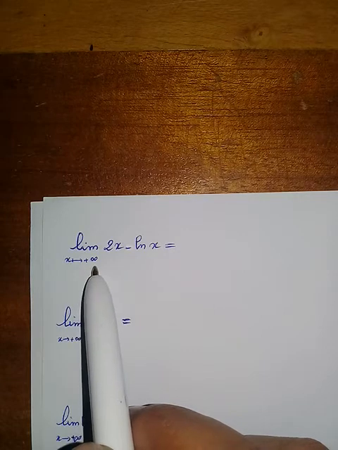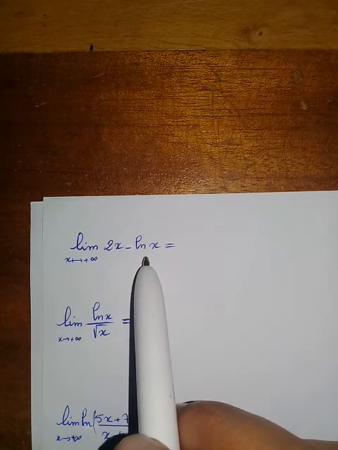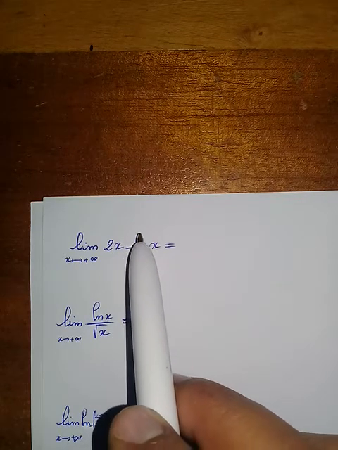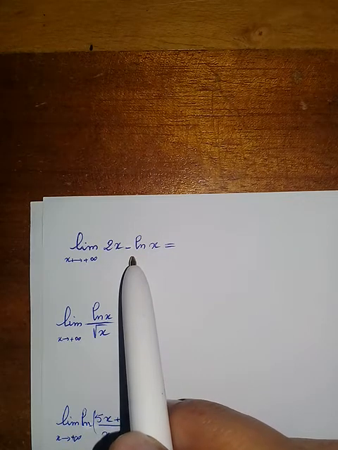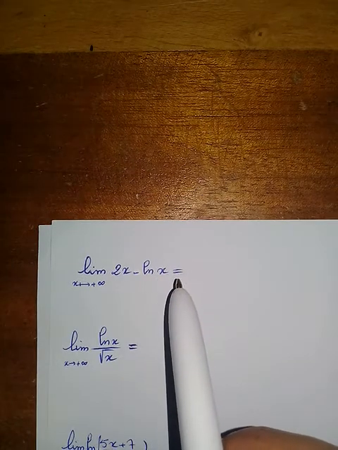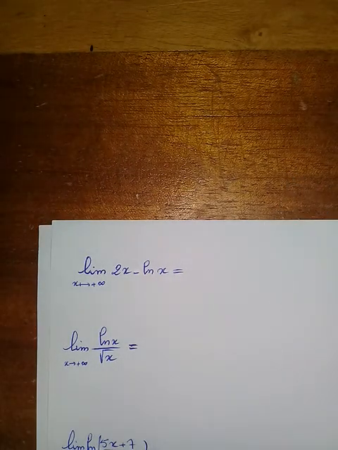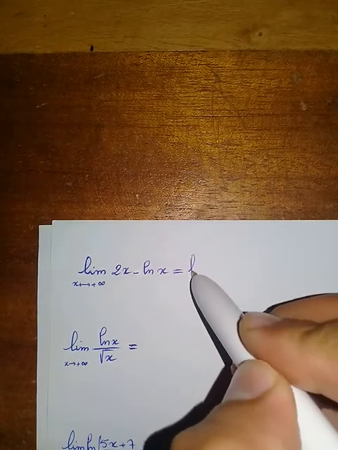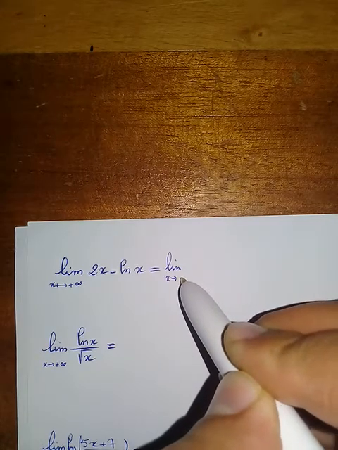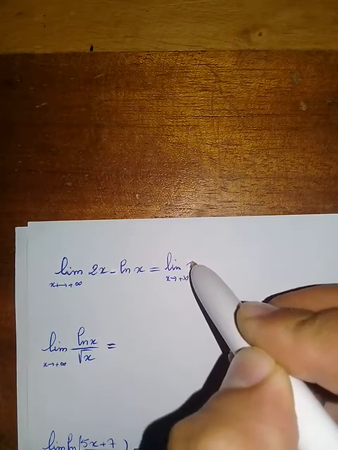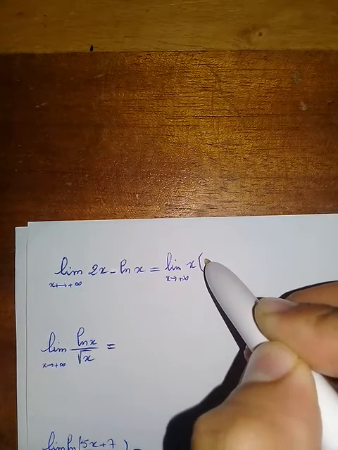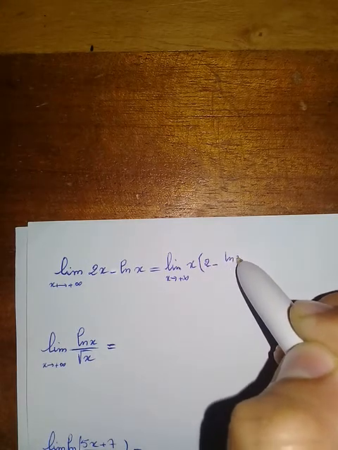The limit as x goes to infinity of 2x minus ln x. If we plug in infinity, we get plus infinity minus infinity, which is undefined. So we're going to try factorizing here by x. We get the limit as x goes to infinity of x times (2 minus ln x over x).